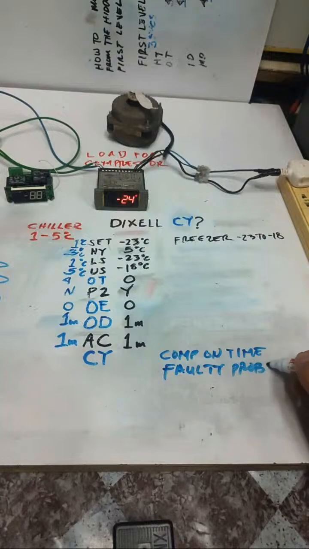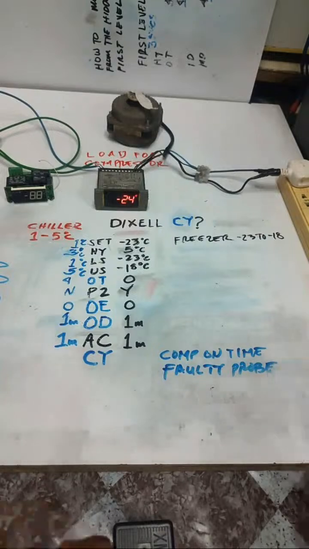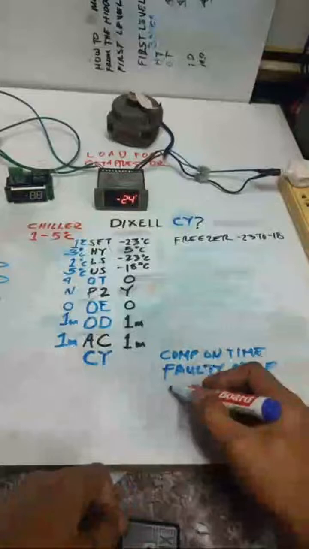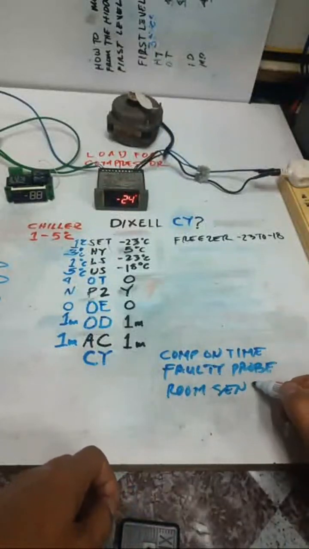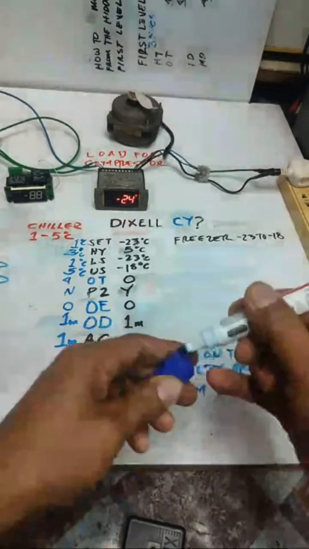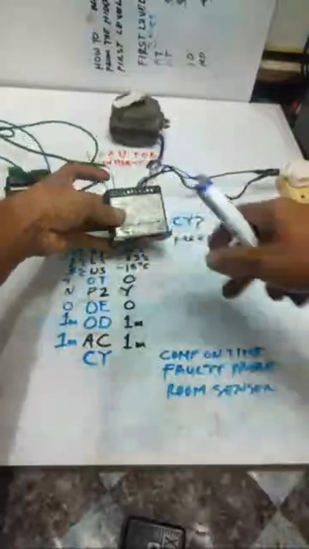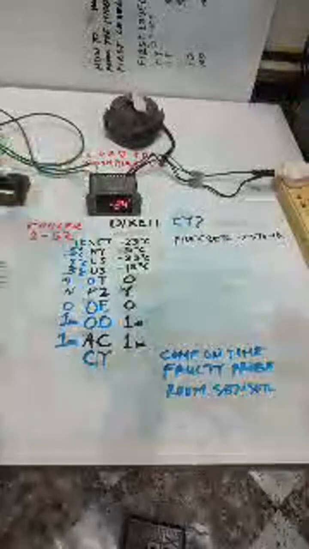And what is this probe? The probe is the room sensor. Here, the blue line is our room sensor. The green one here is our evaporator sensor.